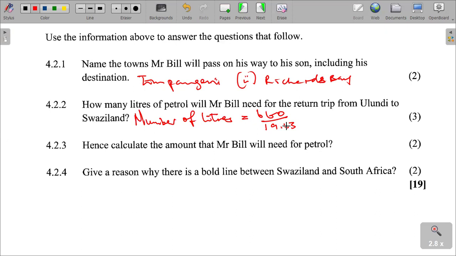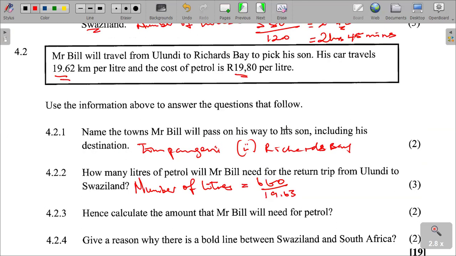So which is equals to distance. I think the consumption is, his car travels 19 rand 62, sorry, 19 rand 62, which is equals to, when you divide there, you get something like 33.62, which is something like 34.